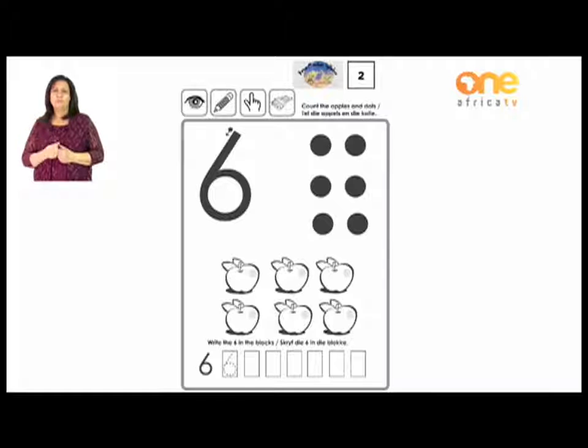There is 1, 2, 3, 4, 5, 6 black dots, which represents number 6. Let's look at the apples at the bottom. Let's count the apples.